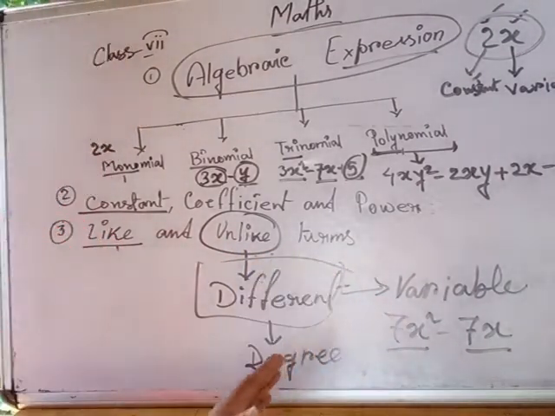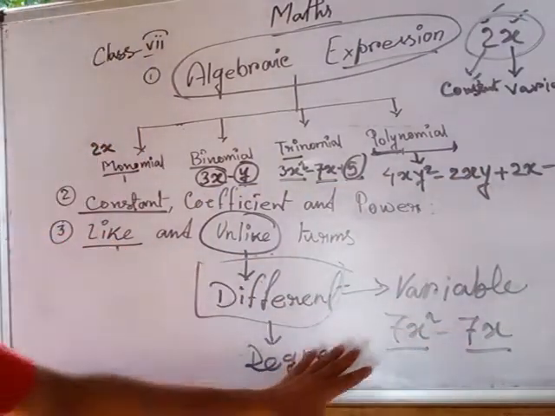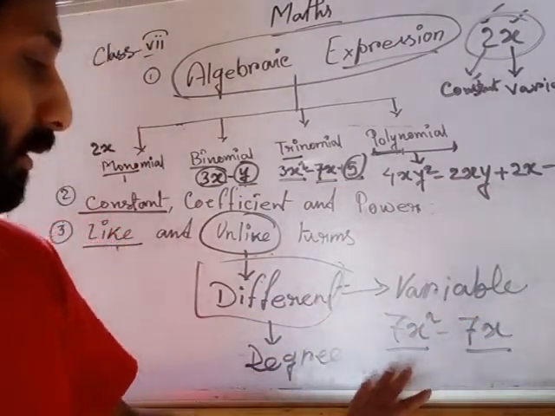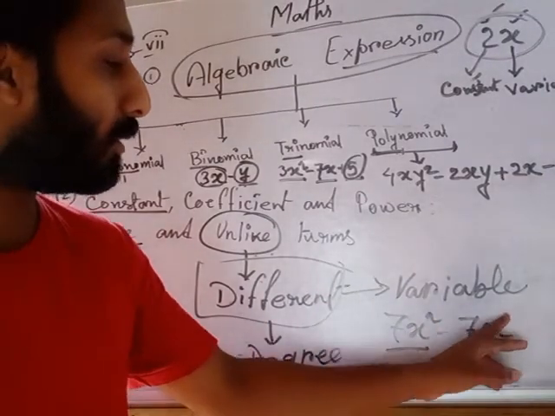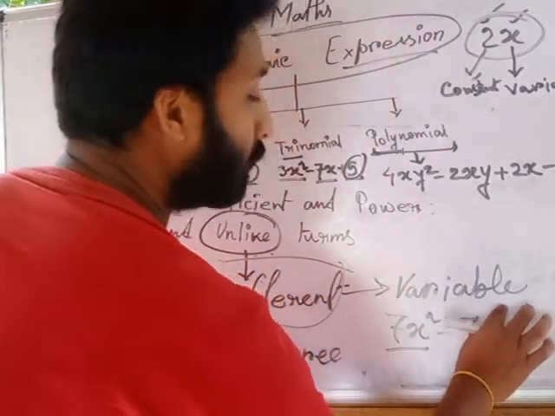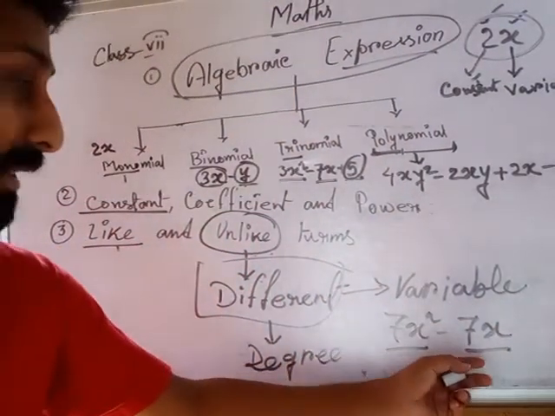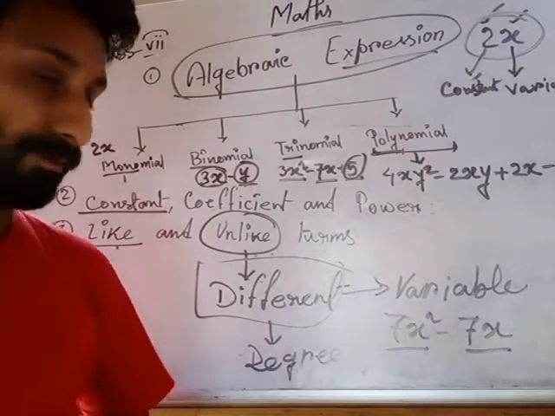we should follow that the variable is the same but their degrees are different. Here is 2 and here is 1, not necessary to write 1 here, so this one is only x. That means here is 1 as a degree and here is 2 as a degree.